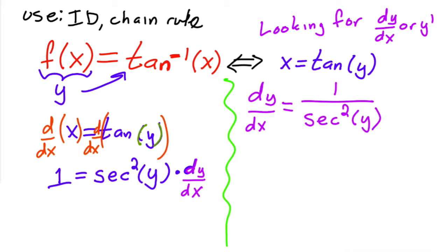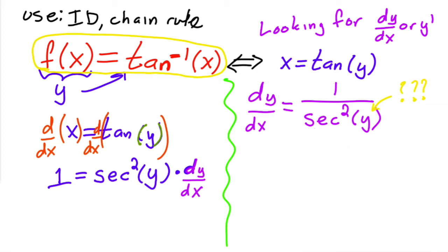So that's the derivative, but notice that you've got a y in here, and that's not really what you want, because you want to go from this function of x, so you want to have x's in here. You might be thinking, well, what can you do?